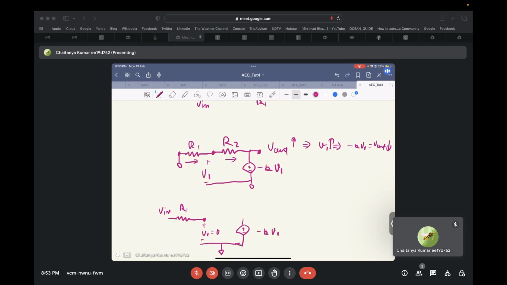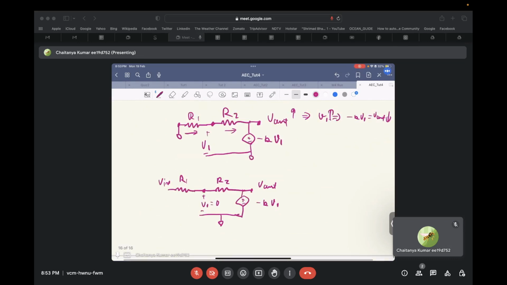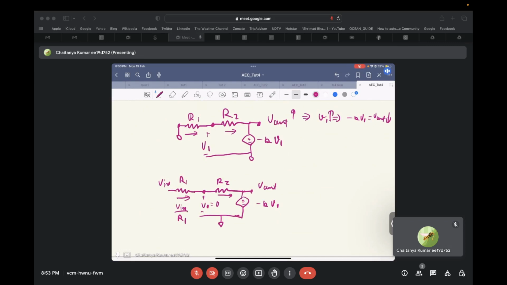So the current that is flowing from here is equal to V in by R1. The same current flows through R2 also, and so the voltage drop across R2 is R2 times V in by R1. So output voltage is minus of R2 times V in by R1.